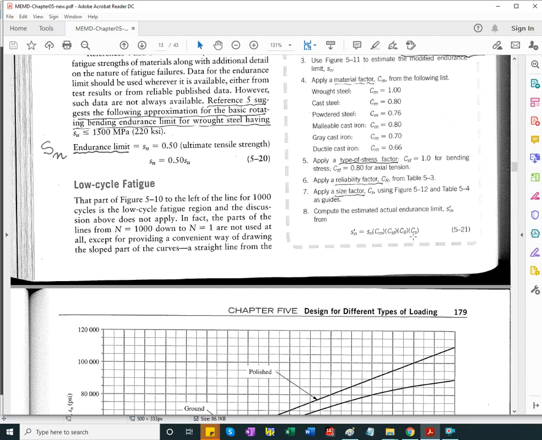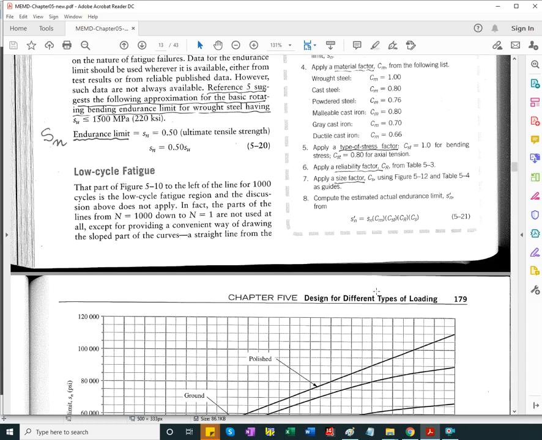Think of this experiment. You're walking 1 mile, there's some chance to find a penny. If you walk 5 miles, there's 5 times the chance to find a penny, because you travel more distance, assuming that you're looking down looking for pennies. Same with the size. A larger specimen has a larger circumference and increased chances of one of the surface defects, or right below the surface, to grow into a crack.